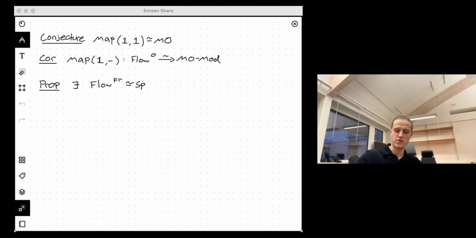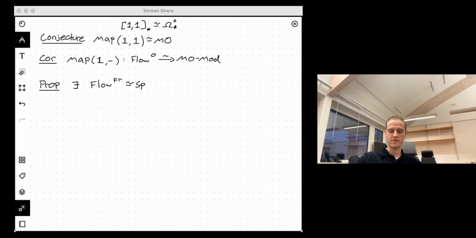And this is not surprising, right? If we remember this one that we had in the flow category, this was the bordism ring. And this bordism ring is precisely the pi zero of this spectrum by Pontryagin-Thom.